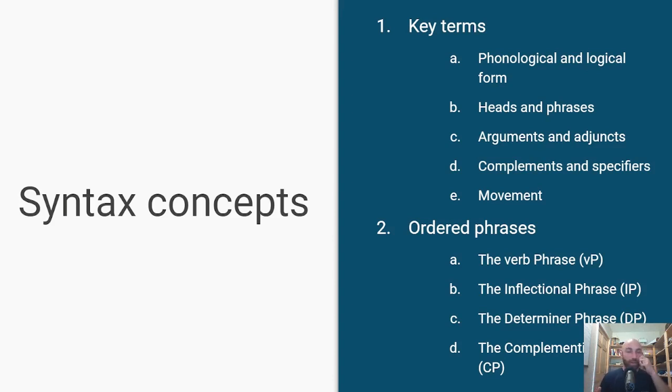And I just want to go back to this quote by Carnie again. He says, syntax studies the level of language that lies between words and the meaning of utterances, sentences. It is the level that mediates between sounds that someone produces, organized into words, and what they intend to say. And then he goes on to say, it's the question of how we subconsciously get from sounds and words to meaning.